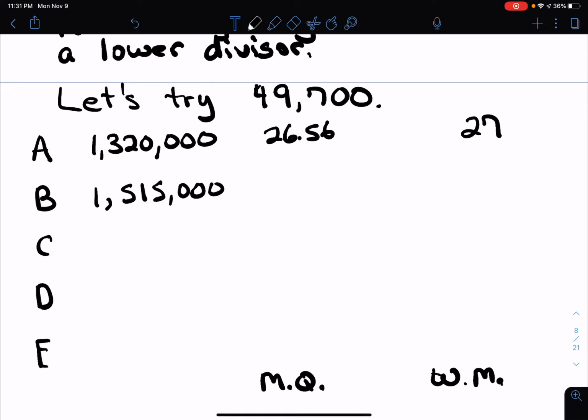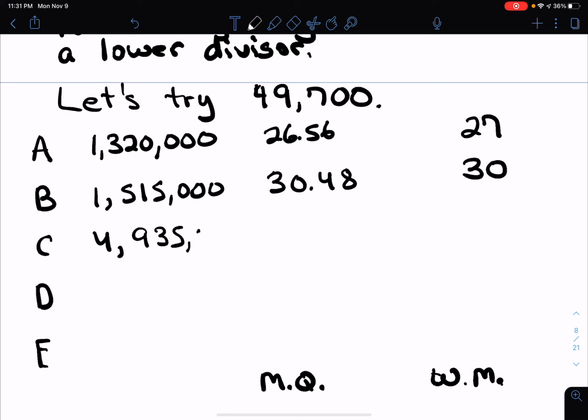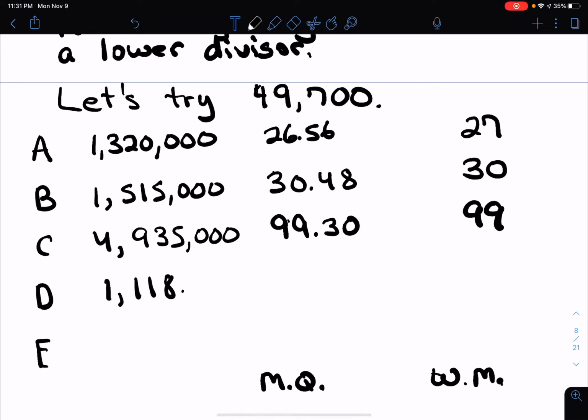State C, 4,935,000. Divide that by 49,700, 99.30. So rounds to 99. State D with 1,118,000. Divided by 49,700.